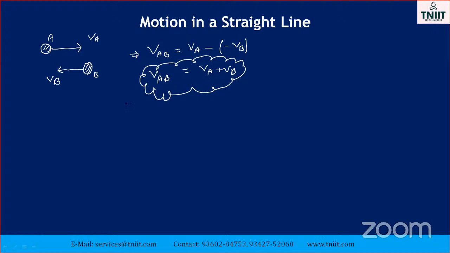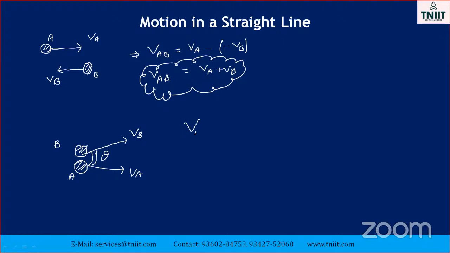Suppose the bodies are moving neither in the same direction nor in the opposite direction. Suppose body A is moving with velocity VA and the second body B is moving in this direction with velocity VB, and the angle between them is theta. Clearly, bodies A and B are neither in a parallel nor in a perpendicular position. They are making an angle theta.